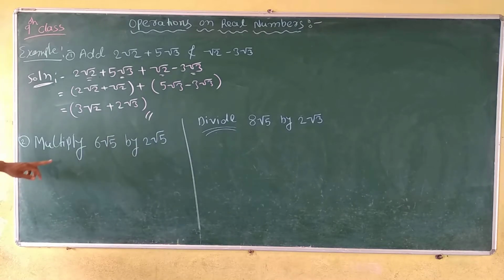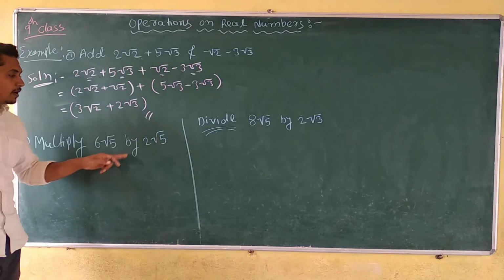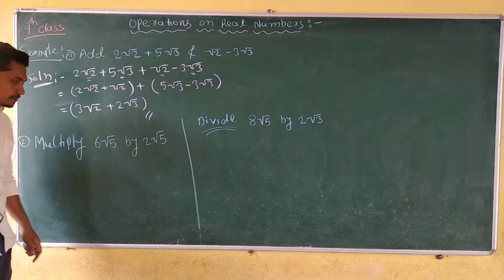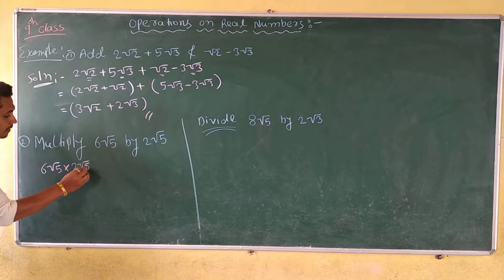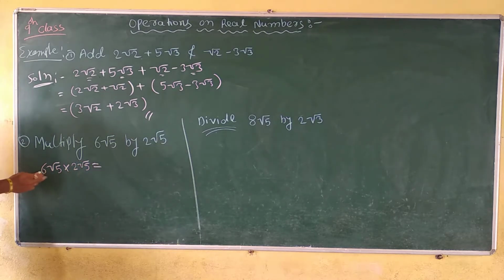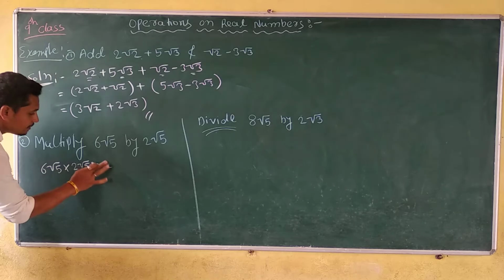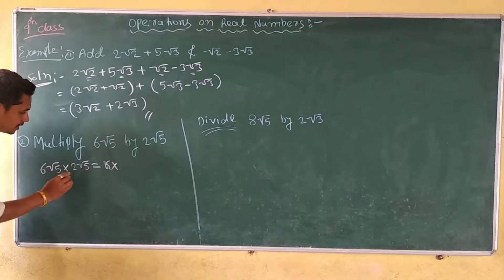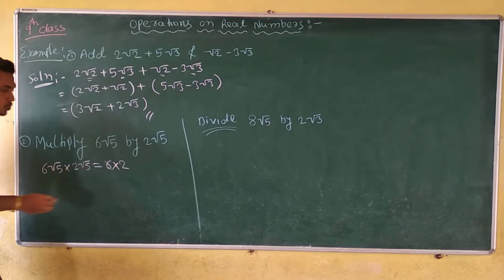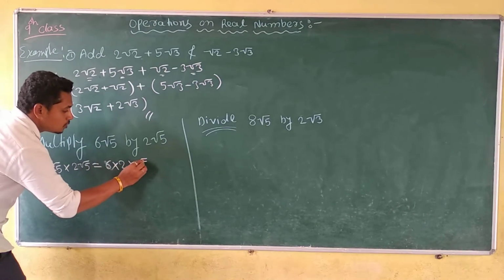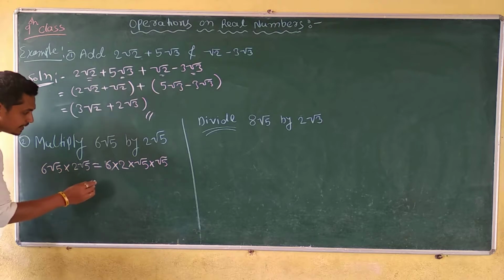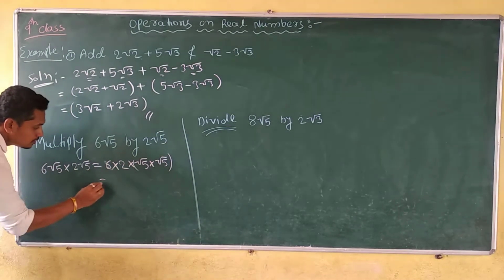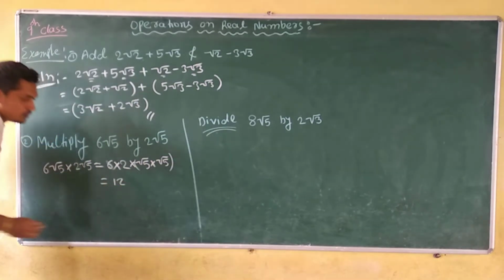Next, multiply 6 root 5 by 2 root 5. First we multiply 6 into 2, and root 5 into root 5. 6 into 2 is 12.